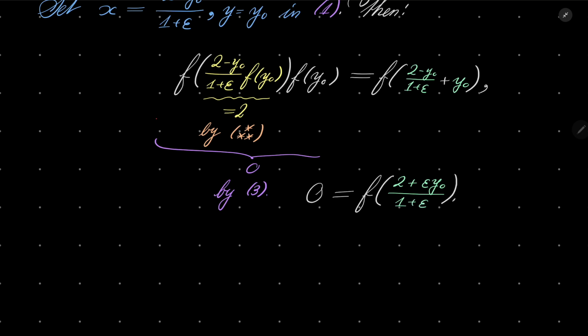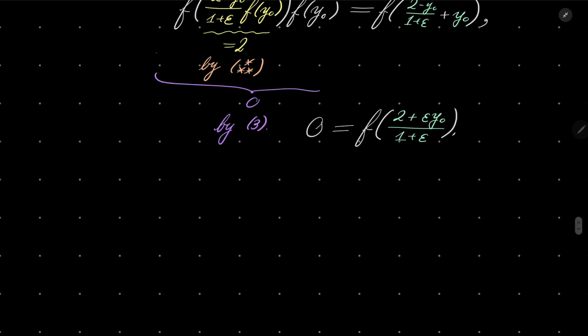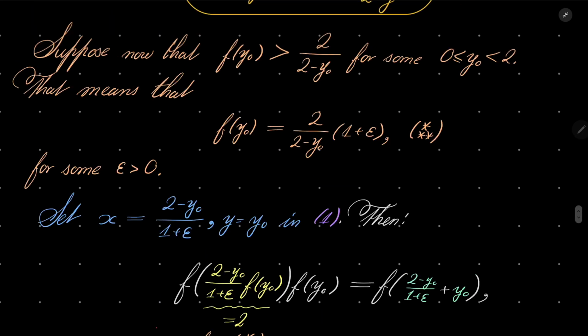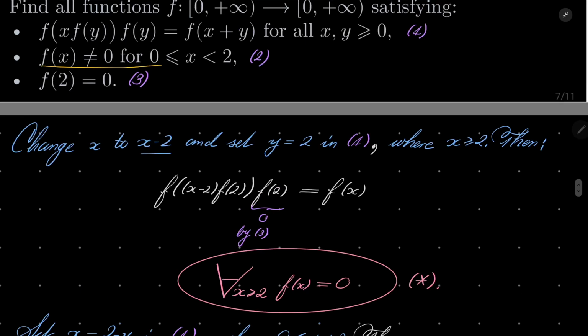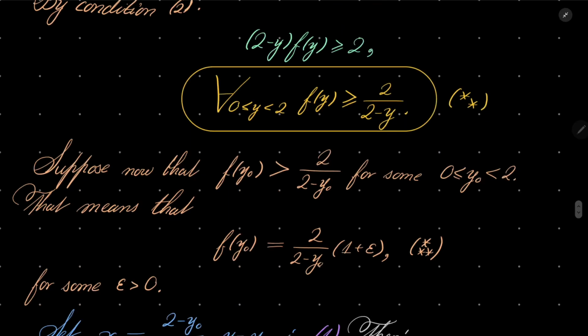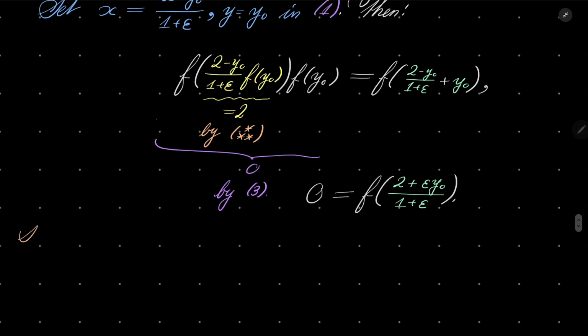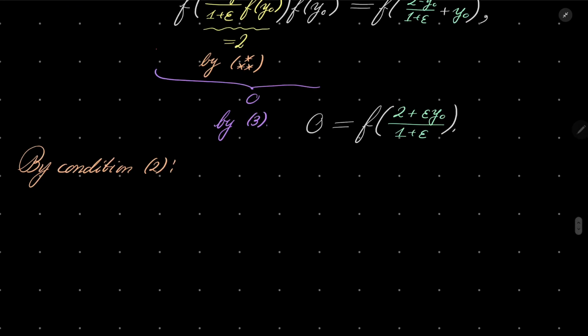Alright. But now, by condition number 2, let's go back. Condition number 2 says that f of x is non-zero for arguments between 0 and 2. So by condition number 2, we know that our argument must be greater than or equal to 2.